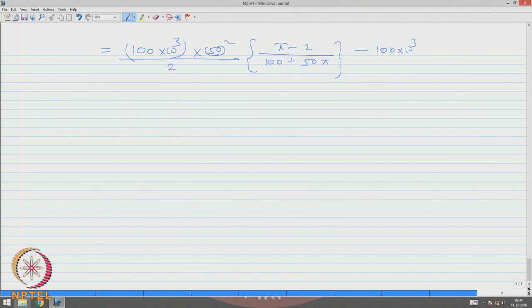So, 100,000 is my P, R is 50 by 2 into 1 minus cos theta, which is 5544074.7 minus 25 10 power 5 into 1 minus cos theta. Now, at theta equals 0, MB is 5544074.7 Newton millimeter.